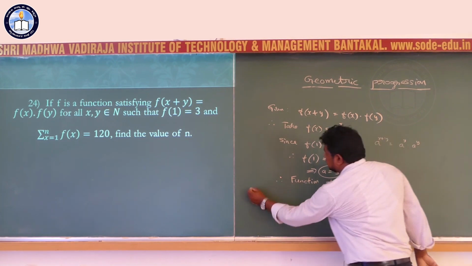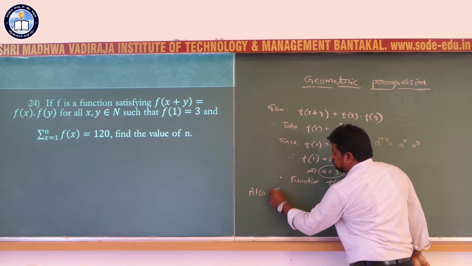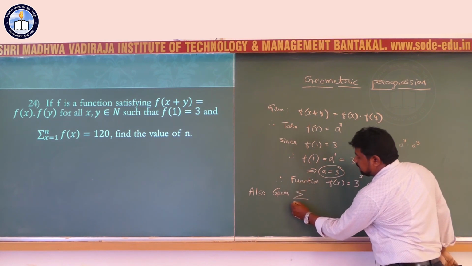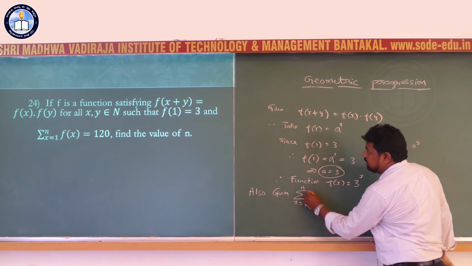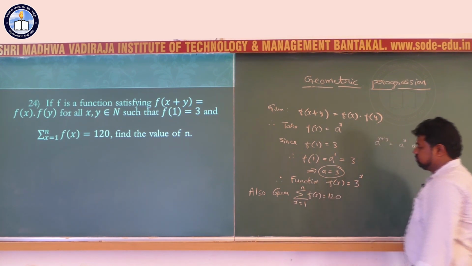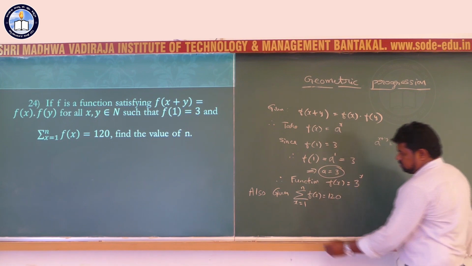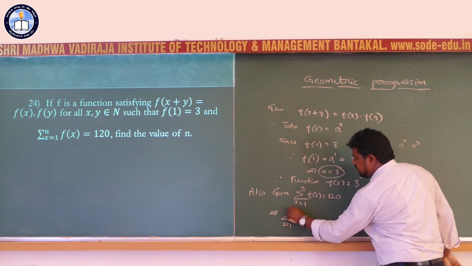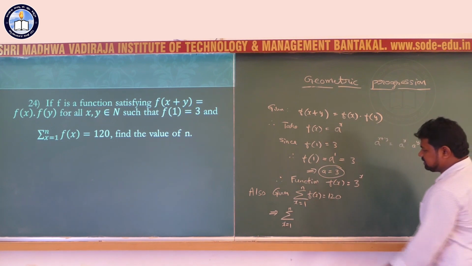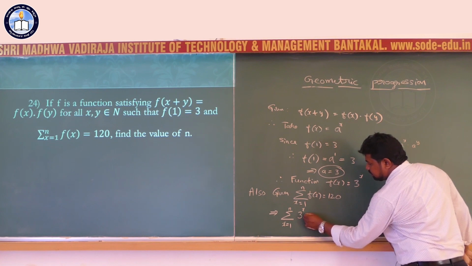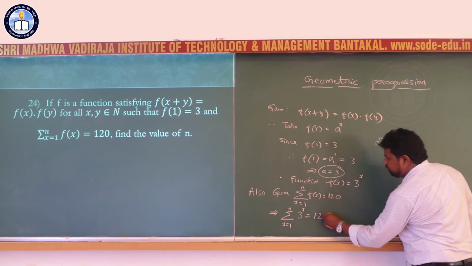Also given, summation x running from 1 to n f of x equal to 120. This implies summation x equal to 1 to n of 3 power x is equal to 120.